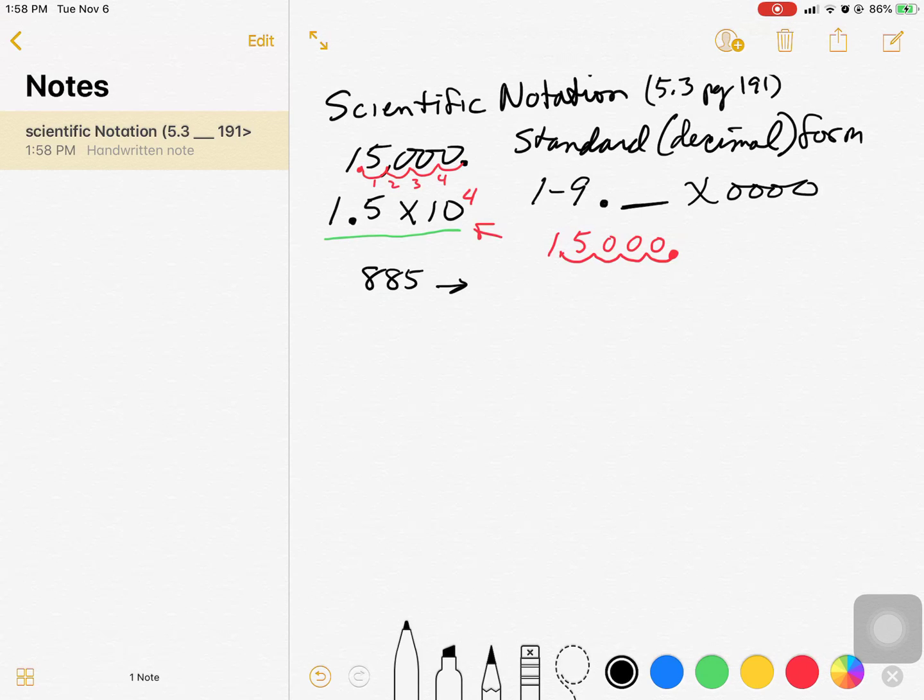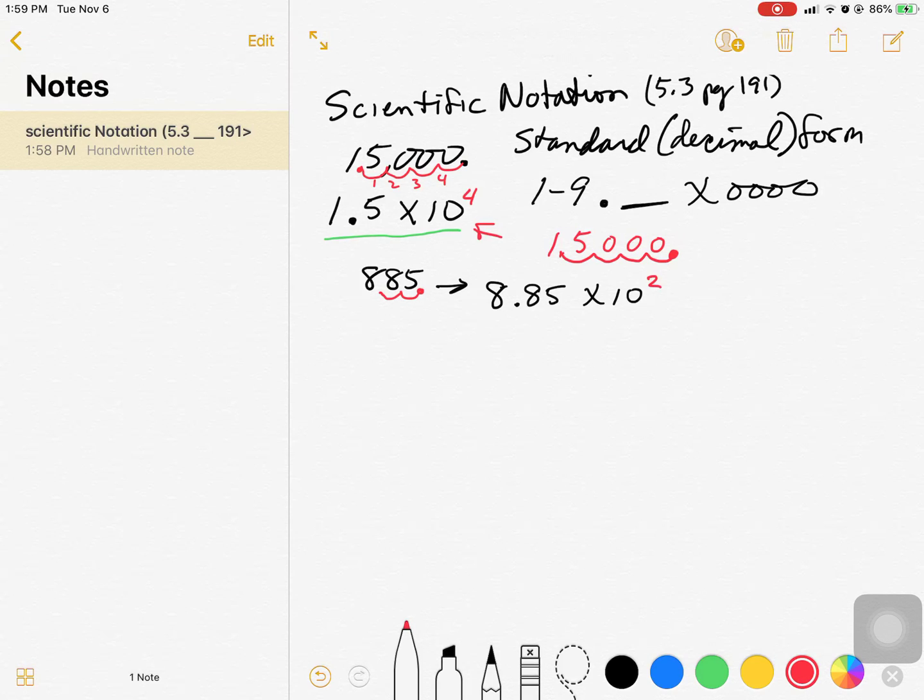So that means we put the 8 that's all the way to the left and a dot, and then all the numbers left that are there, and then times a 10, and then how far did we move that decimal? The decimal's here, and we went 1, 2, so we moved it 2. That means we would move it back if we needed to put it back in standard notation.